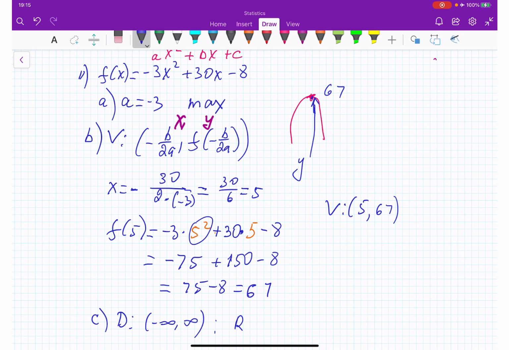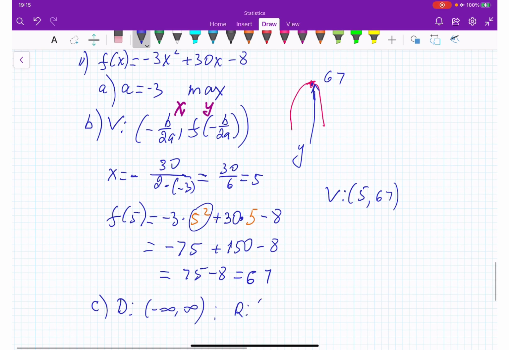It can go lower. Why am I always looking this way? Because numbers are growing from negative to positive. That's why I always look this way and not from 67 to negative infinity. That's wrong. You always look in the ascending order of numbers.